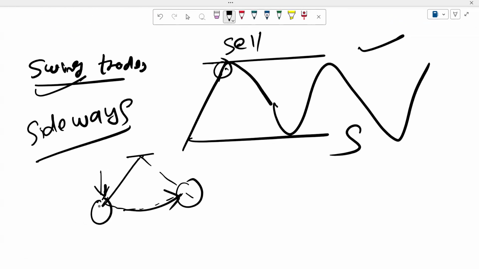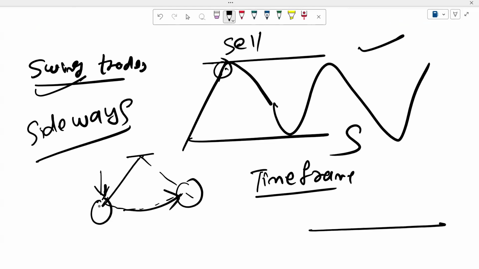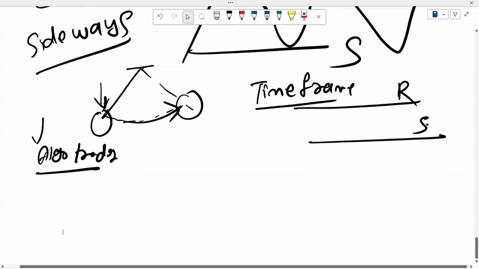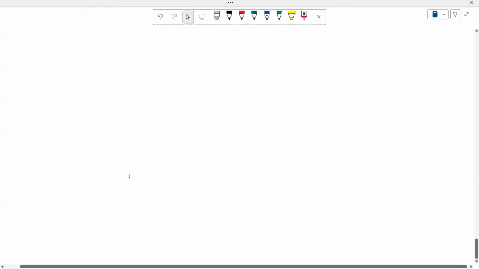They do not have anything related to time frame. They just identify the support and the resistance of the market. And the last trader is the algo trader. With the help of machines they are doing the trading. So these are the types of analysis, types of trader.